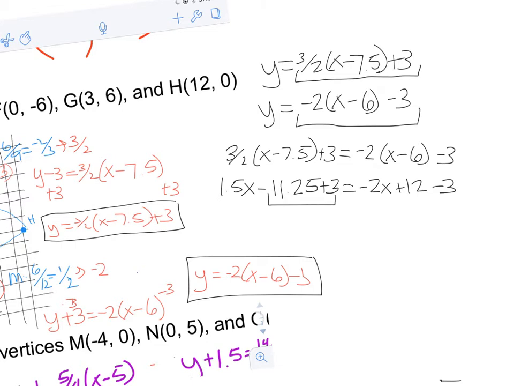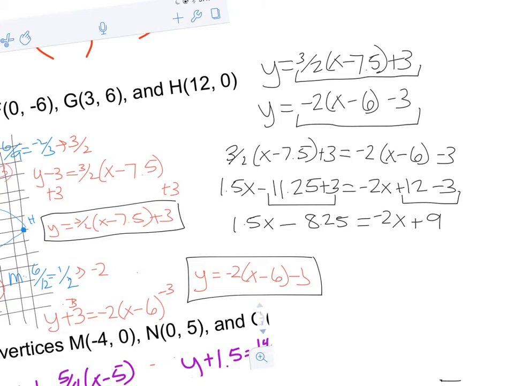I'm going to clean this up, so I have 1.5x minus 11.25 plus 3, negative 11.25 plus 3 should be negative 8.25, equals negative 2x plus 9.